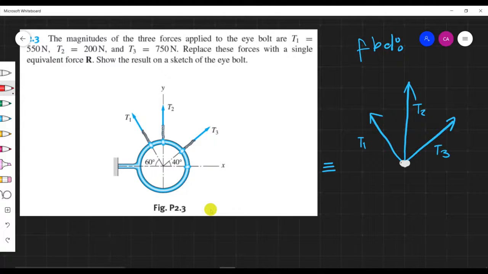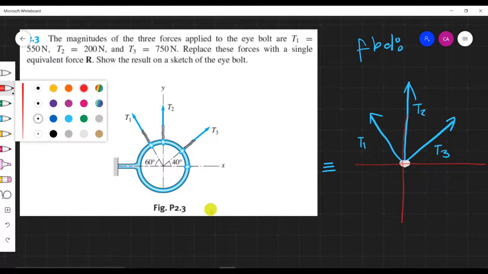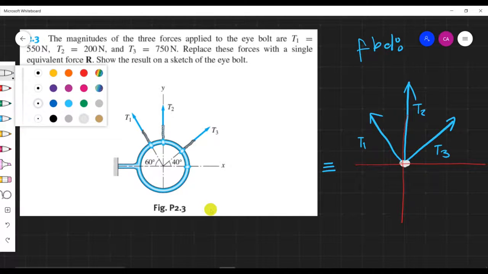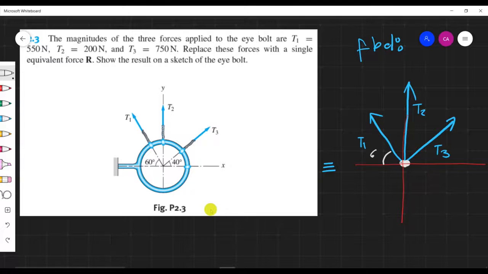Based dito sa ating screen, meron tayong axis at makikita natin na yung angle ng T1 ay 60 degrees at angle ng T3 ay 40 degrees. Ang hinahanap is what is the resulting force?